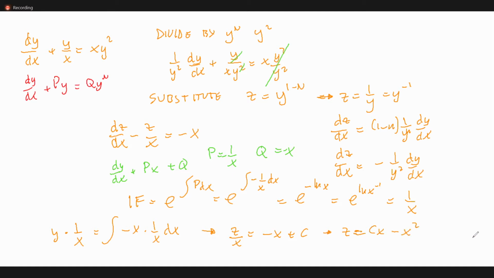And now we need to solve for y, having substituted z is equal to 1 over y. We need to replace in this equation so that we have 1 over y is equal to cx minus x squared, which we can then express in terms of y as 1 over cx minus x squared.